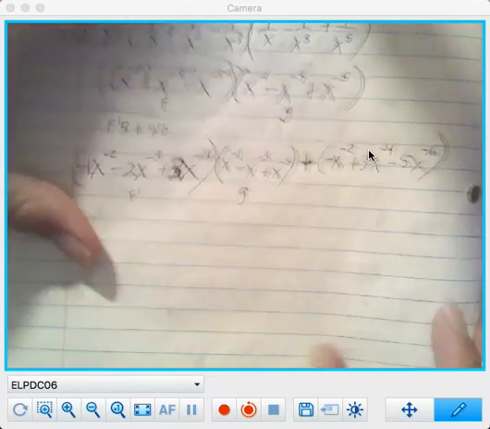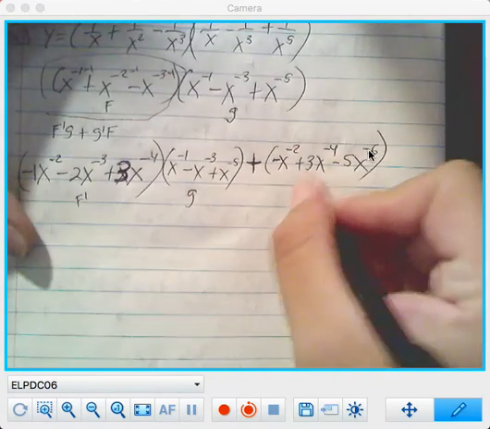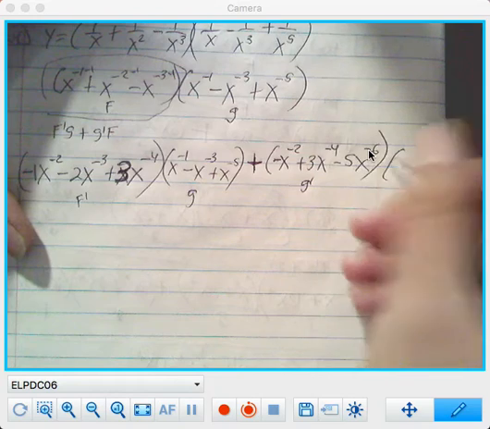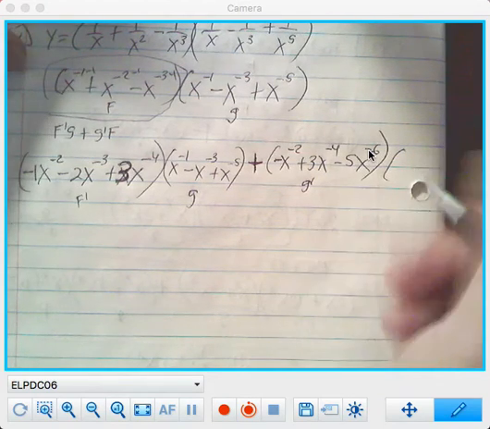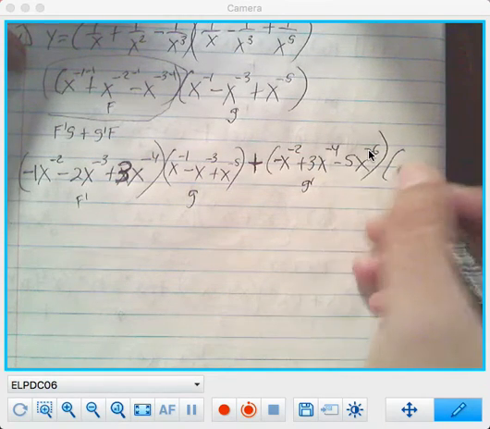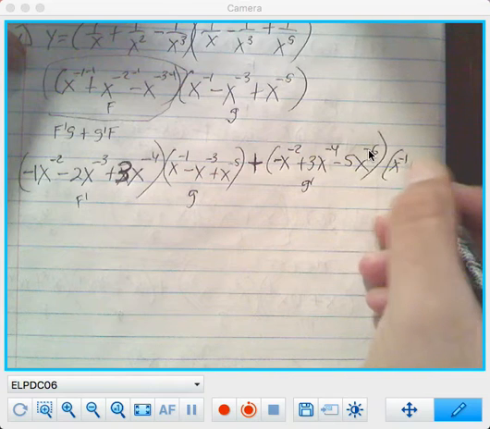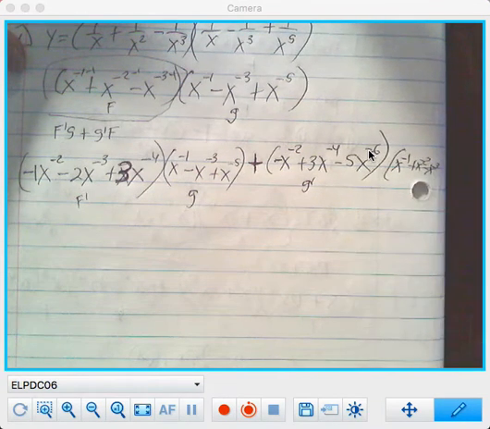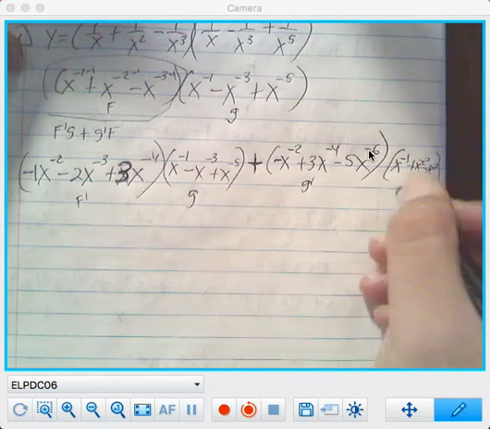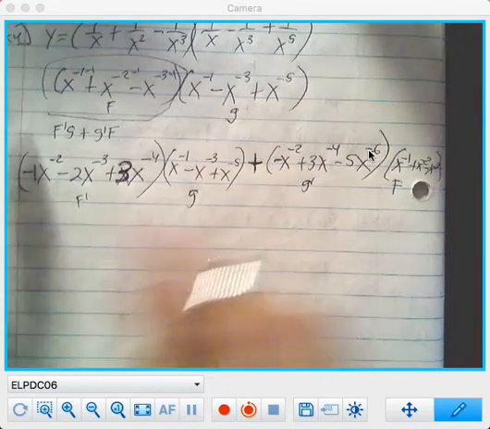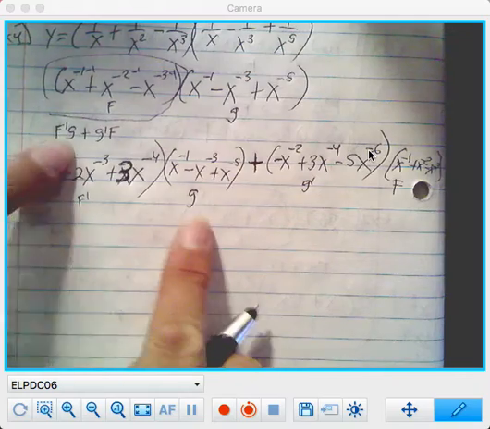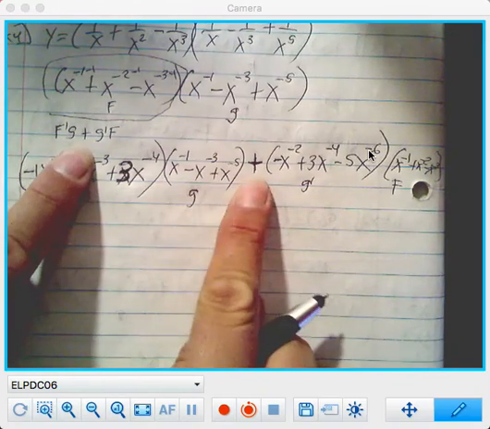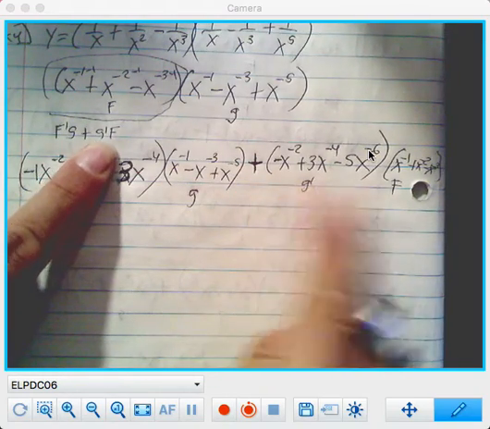And then this is g prime. And then I need to put f right here. I'm going to make it really small because I don't have space: x to the minus 1 plus x to the minus 2 minus x to the minus 3. That's our f. Double check: f prime g plus g prime f.